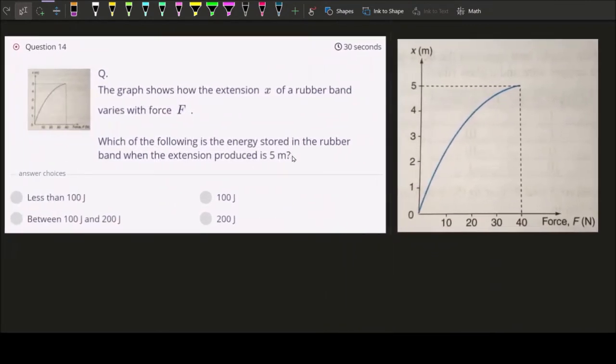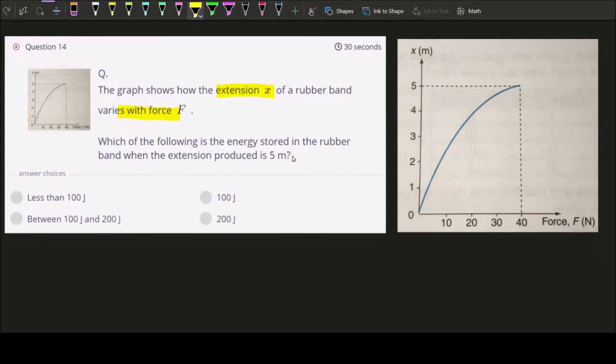Question 14. The graph shows how the extension x of a rubber band varies with force F. Which of the following is the energy stored in the rubber band when the extension produced is 5 meter?